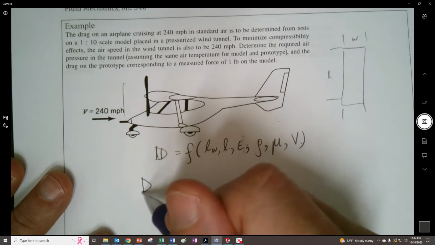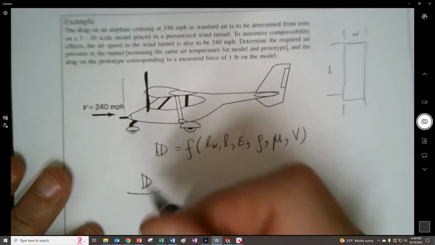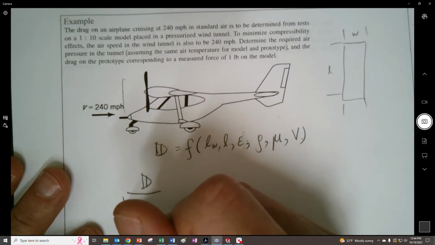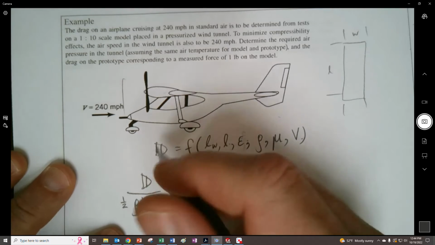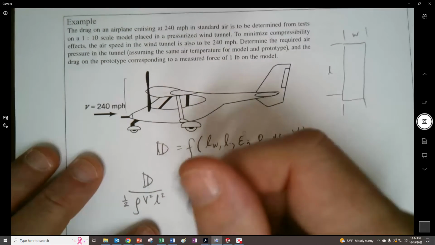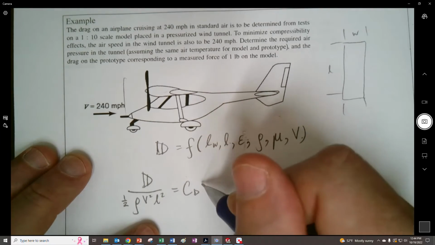In the pi terms, we have a collection, and just as a general note, they stick a 1/2 in here, and we'll describe why in the next class. L squared are in there, and by definition, they call that the drag coefficient.